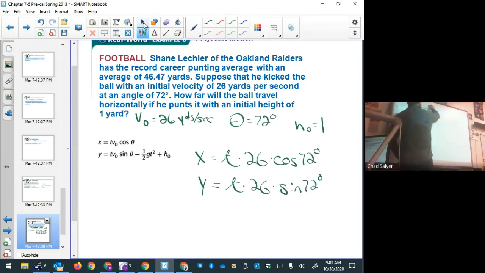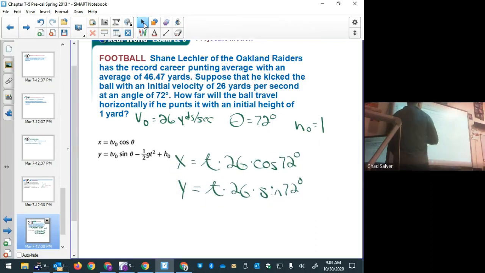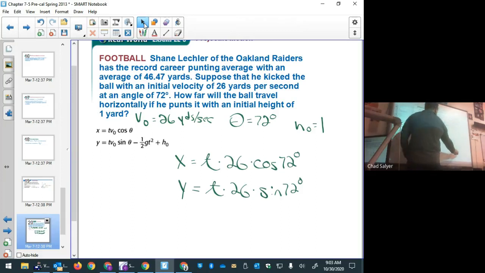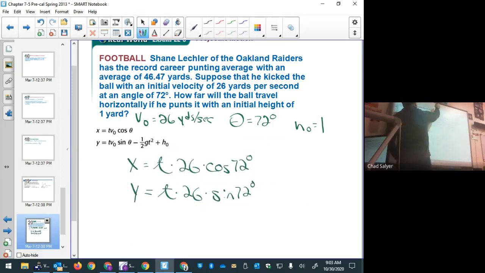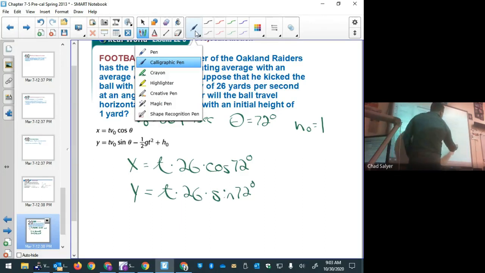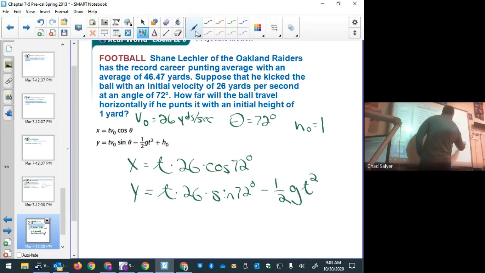But in the y direction, there's an additional force that comes to bear. As we discussed, it is gravity, so we need to write that term. Minus 1/2 g t squared plus 1. And you might wonder why I'm not plugging in g.